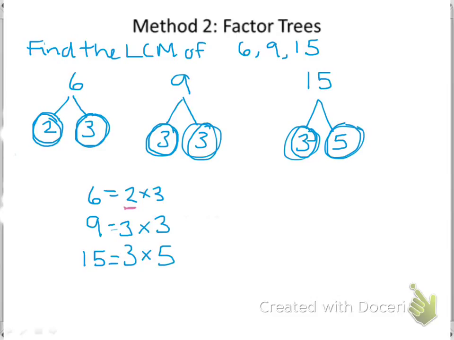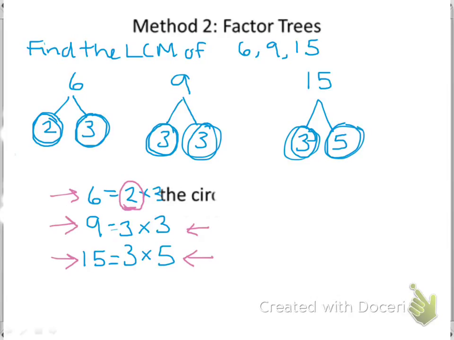We're going to look through each of our prime factorizations and find where 2 appears the most. So 2 appears once in the prime factorization of 6, right here. 2 doesn't appear in the prime factorization of 9, nor is it in the prime factorization of 15. So that means that 2 appears the most here in 6, so I'm going to circle it there.